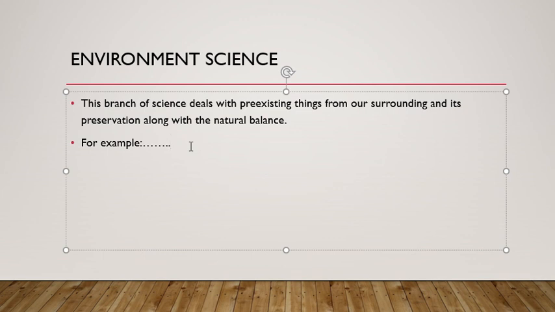And geology and astronomy deals with things present in space, like planets, stars, universe. But this science is different from those sciences. This branch of science deals with pre-existing things from our surrounding and its preservation along with natural balance.